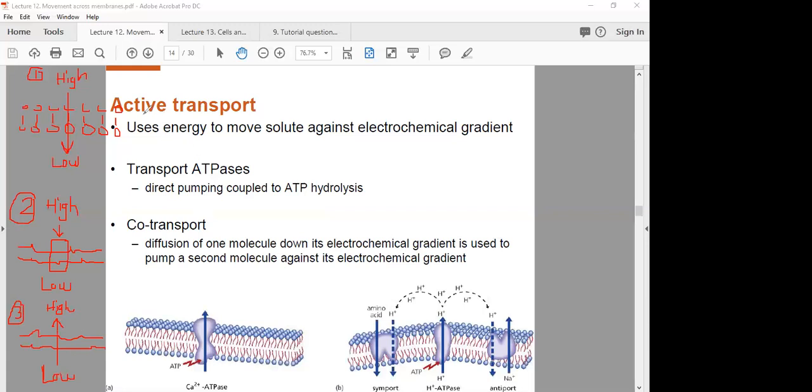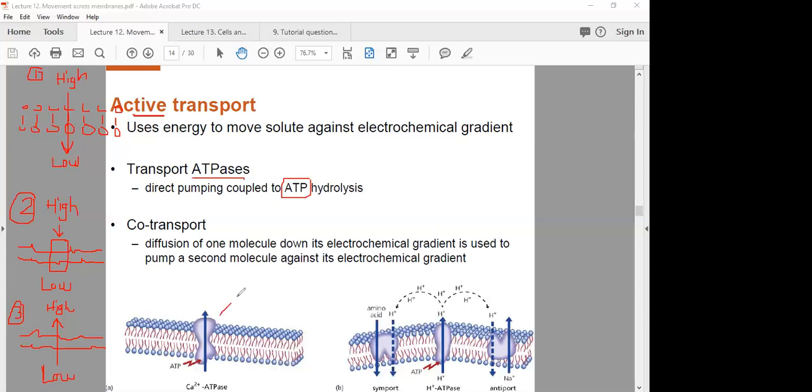So active transport means that energy is required for this transport process to occur. Active transport uses energy to move the solute against its concentration gradient or against its electrochemical gradient. In other words, the energy that's normally used is our adenosine triphosphate or ATP. So one category of transport proteins that are involved in active transport are ATPases, transport ATPases.